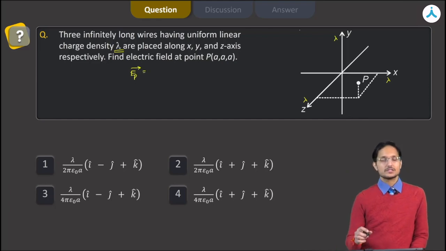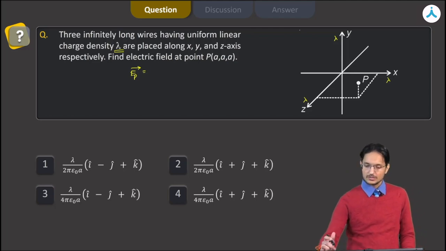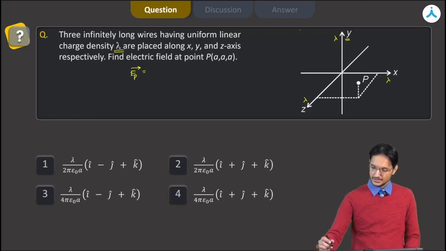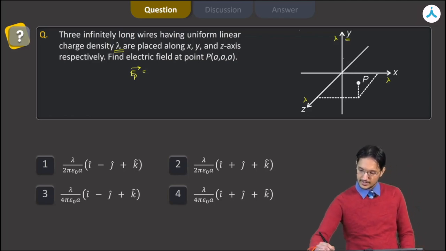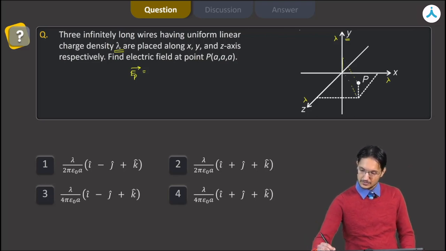Now the situation is same for all the three wires, so let's just focus on one of them. If I focus on the wire which is along the y axis, I can see that this separation will matter, something like this.